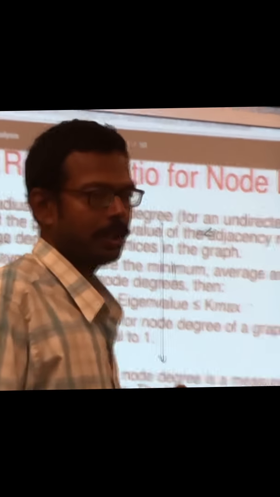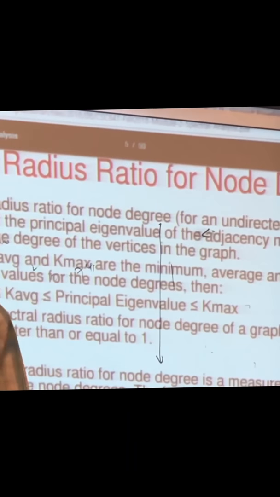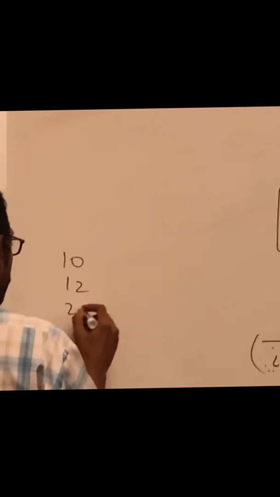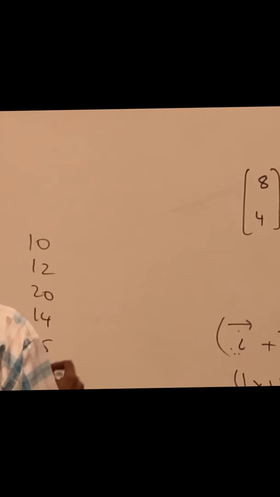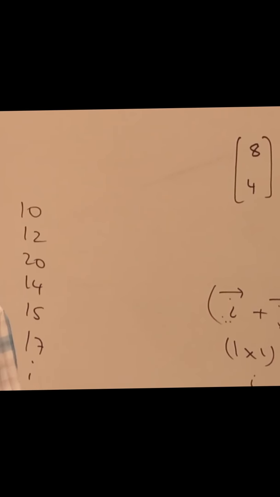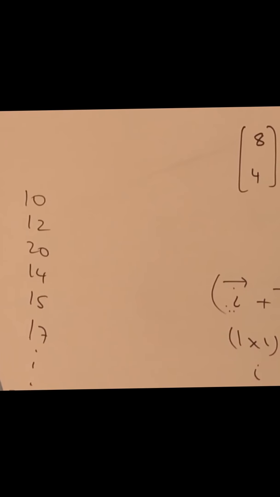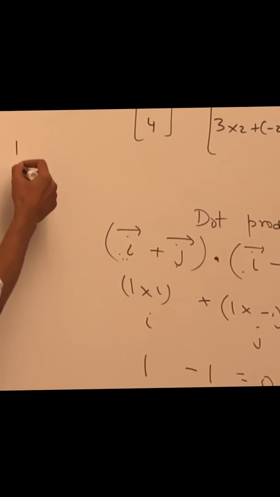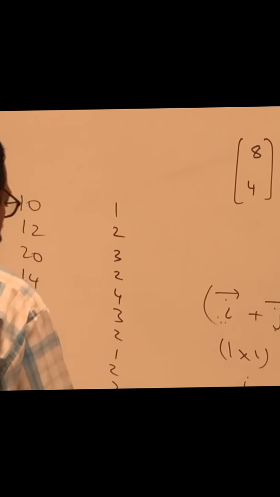But the value of the standard deviation depends on the numbers. For example, if your degrees are like 10, 12, 20, 14, 15, 17 and so on, the standard deviation would be something like 4.5 or some large value, because the numbers themselves are larger. But if the degrees are like 1, 2, 3, 2, 4, 3, 2, 1, 2 and so on, the standard deviation is going to be like 0.5 or 1.2, a smaller number, because the magnitude of the actual numbers is smaller.